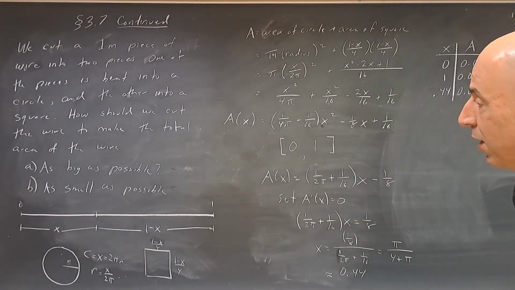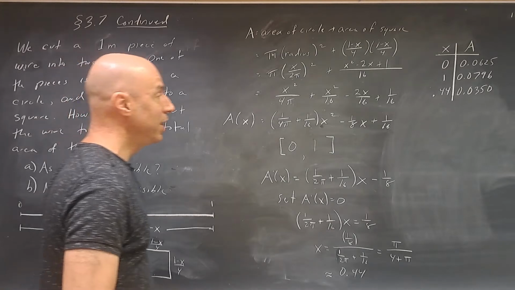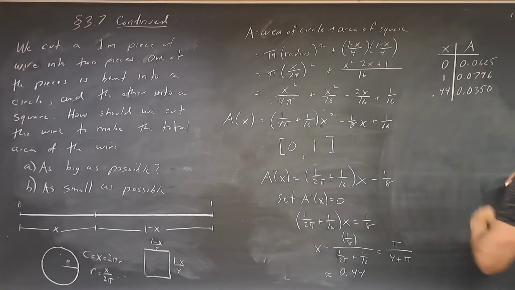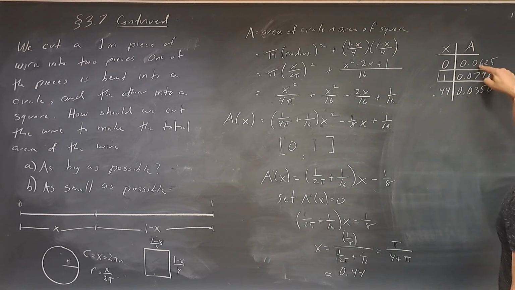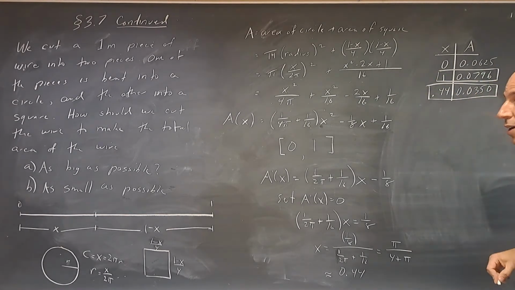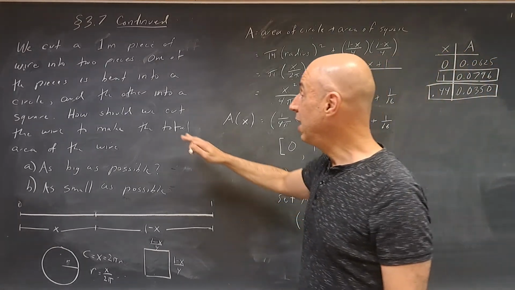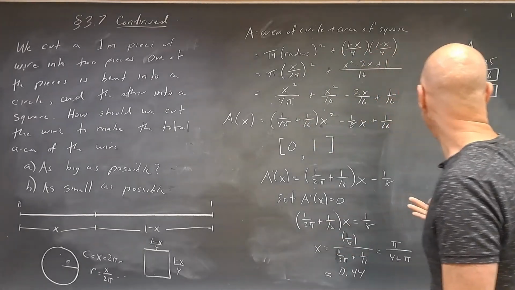So in this problem, we're supposed to do both as big as possible and as small as possible. So the biggest of these 3 numbers I see is right here. The smallest of these 3 numbers I see is right here. And let's see, what was the question? What did the question ask? How should we cut the wire? So all we need is x.